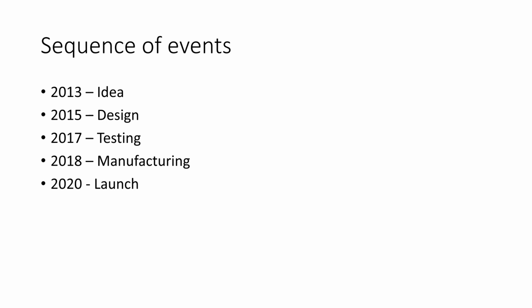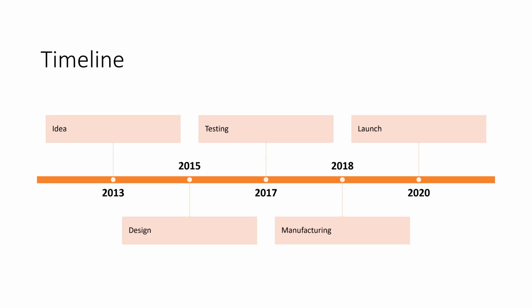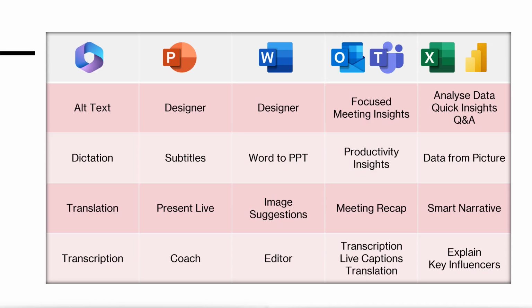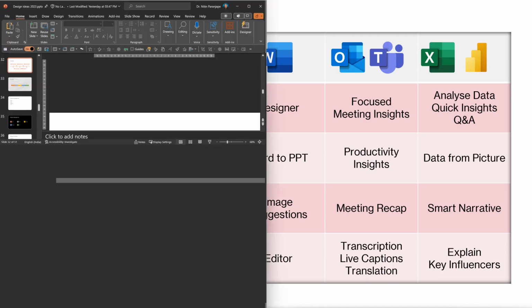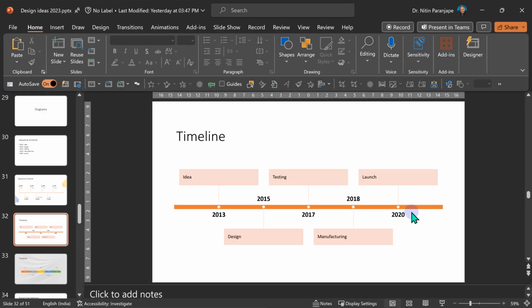What we have missed out on is that you just write what you want and click on the designer button and it creates a timeline. This is not a default SmartArt. It generated a new SmartArt and this is not an image. This is actually a SmartArt. It also gives you variations. What do I mean by this is a SmartArt? So if I go to this slide now and I want to add something, this is 2020.